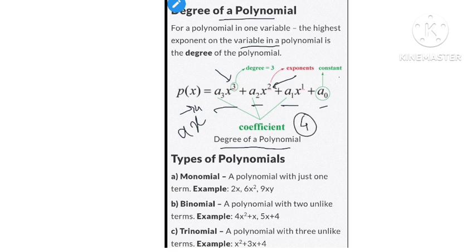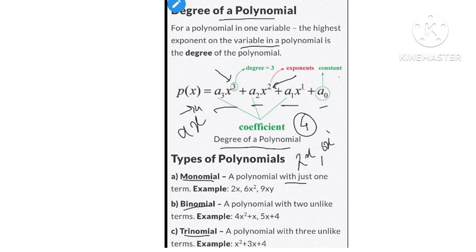Now, what are the types of polynomials? There are 3 types of polynomials: monomial, binomial and trinomial. What is a monomial? A polynomial with just one term, like 2x, 6x square, is known as a monomial.